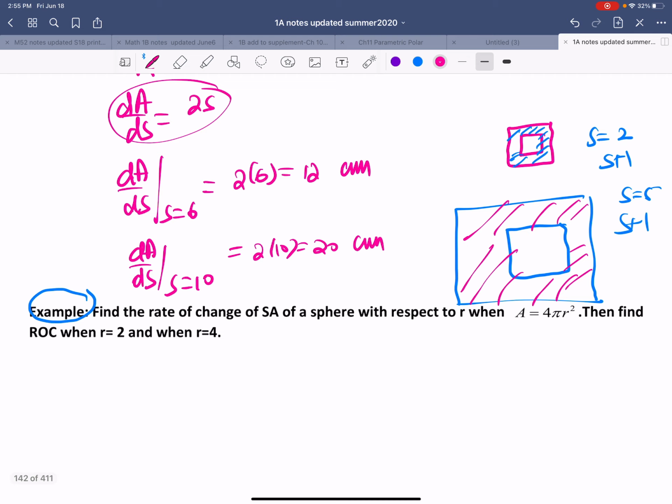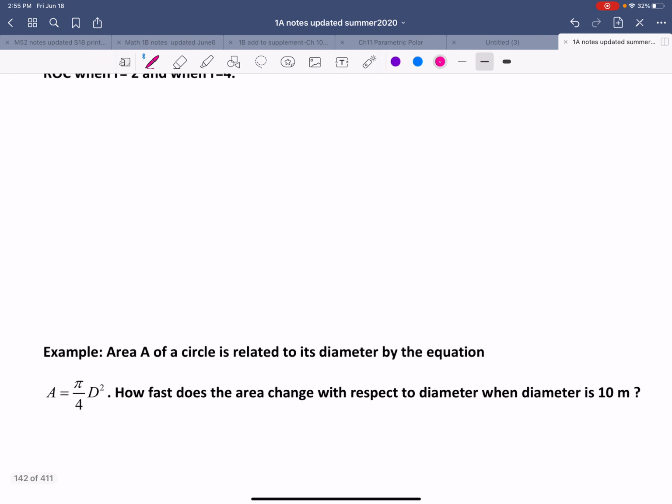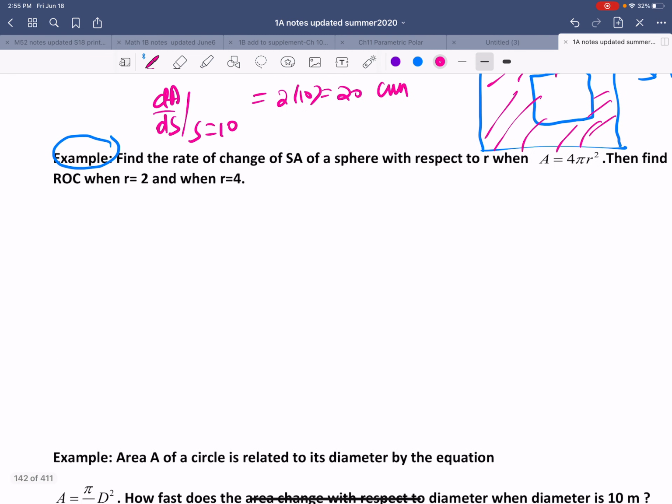All right, next we are finding the rate of change of the surface area of a sphere with respect to r, where A is 4 pi r squared. You may not be given the area of the sphere formula, so make sure you memorize it from geometry. dA dr, we are doing the derivative with respect to the radius.